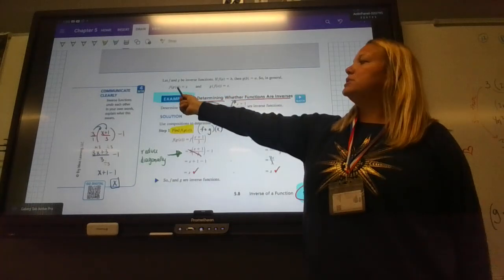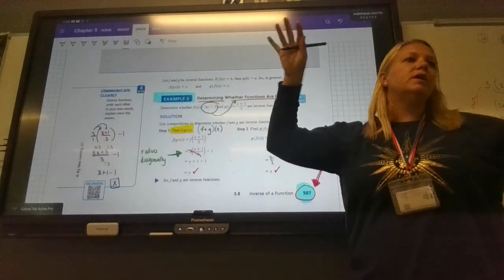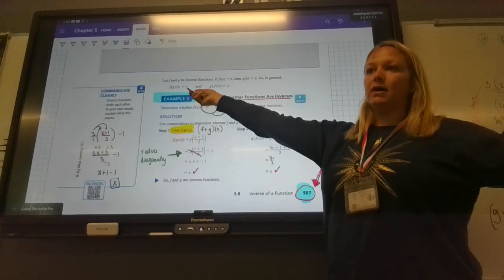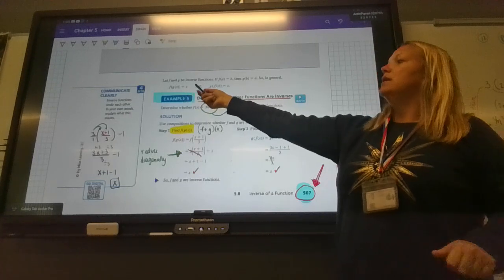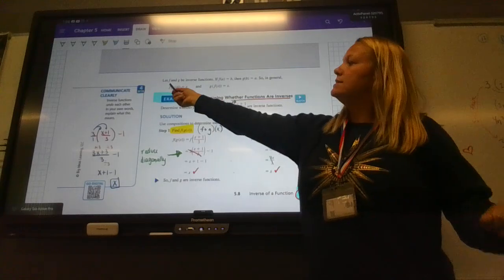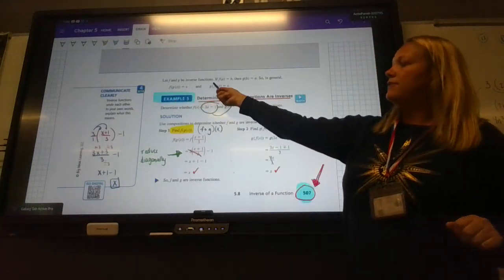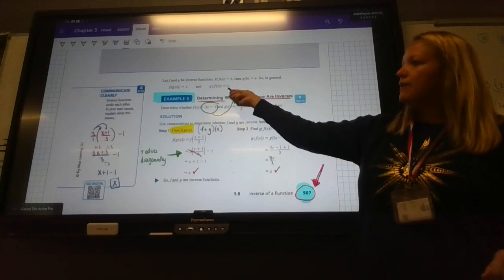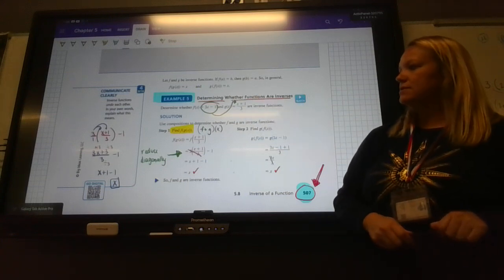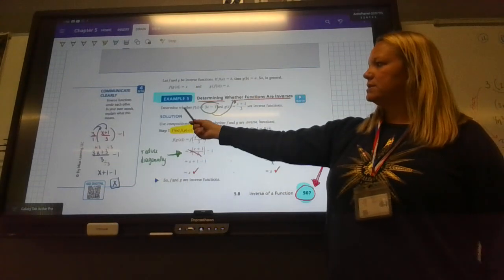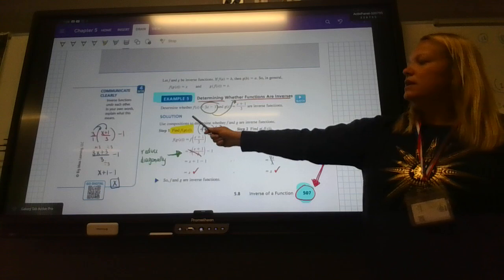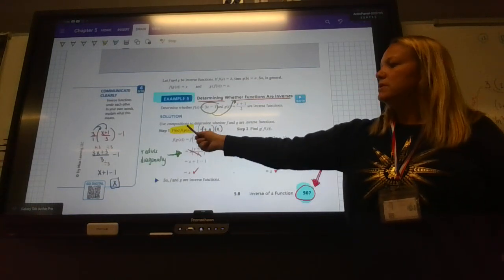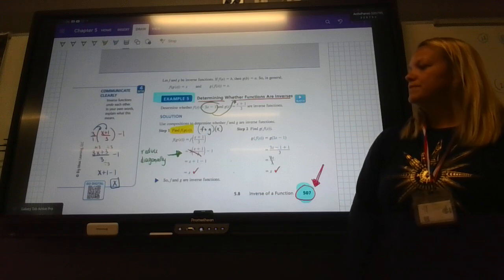If you can plug G into F and every operation cancels out and you're left with just an X by itself, that's yes, inverse. You have to go G into F and then you do it again: you put F into G. If everything cancels out and there's just an X left, that's yes, inverse. So in order to determine whether functions are inverse, you do F of G and you do G of F. Remember, these symbols are interchangeable.